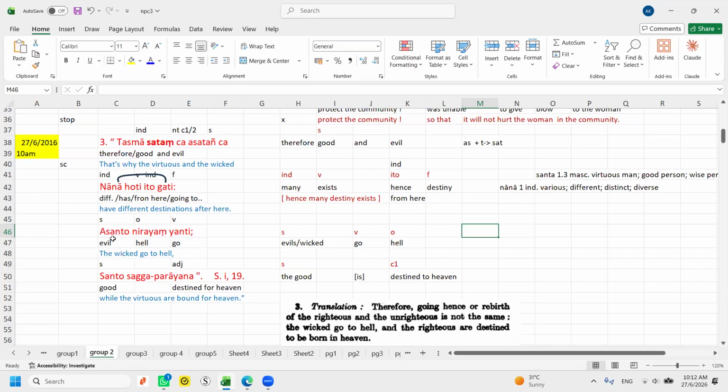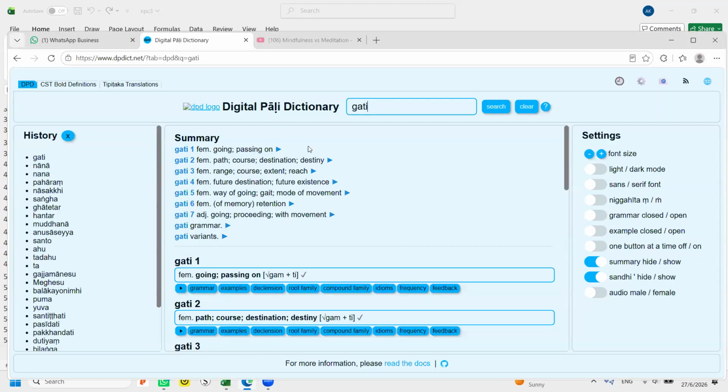The asanto here means the wicked. Niraya is hell. Yanti, goes to hell. So in this case, we have to take destiny, because we are talking about the good and the evil. The evil go to hell. So this one has to be destiny. So if you look at gati, go back. Gati here, we take this.